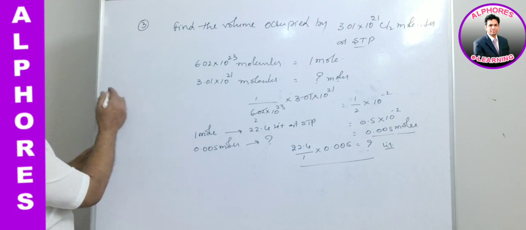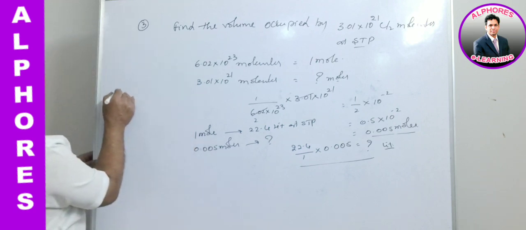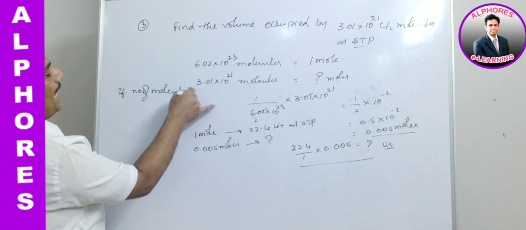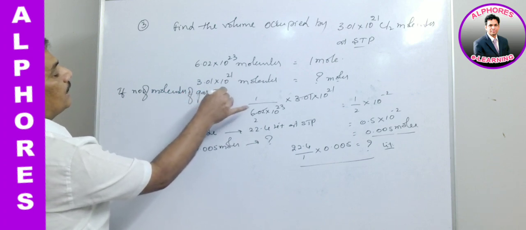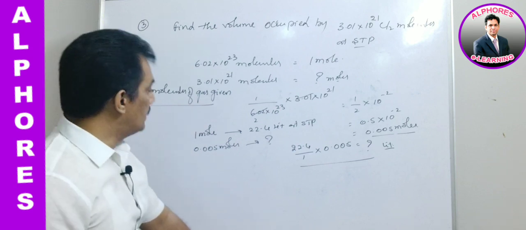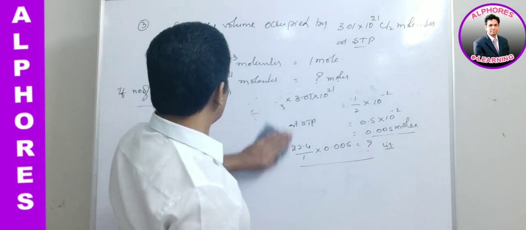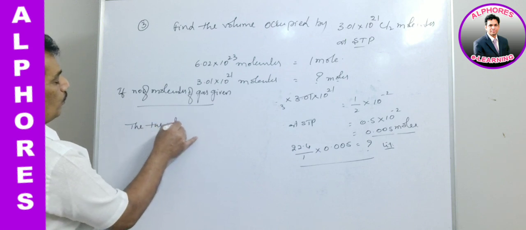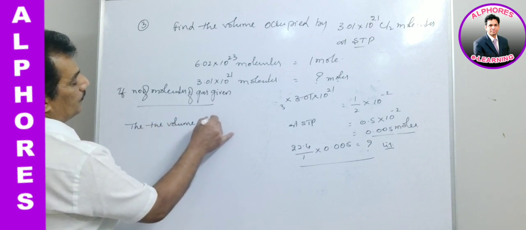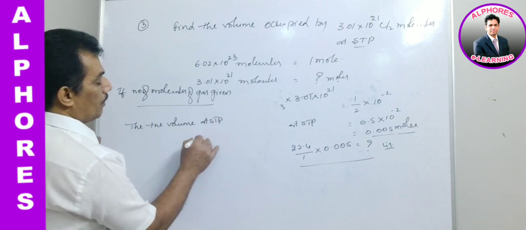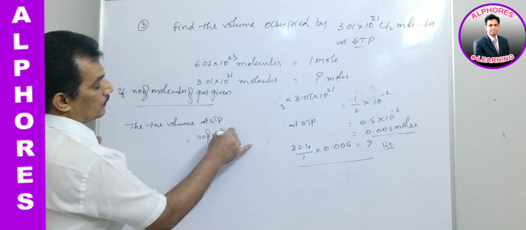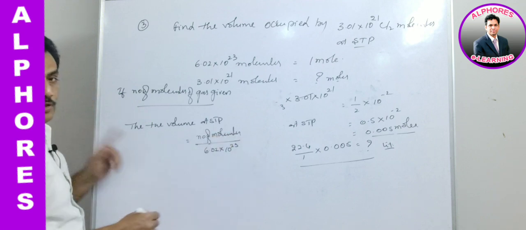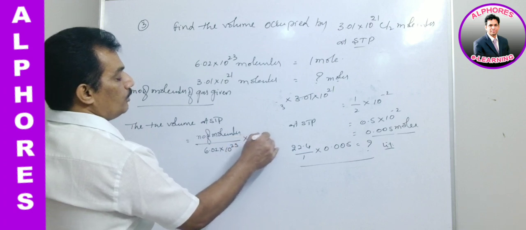So in such a case, now let us write the formula here. If number of molecules of gas given, then the volume at STP is equal to number of molecules by Avogadro number, it is fixed number, as you know, into 22.4 liters.